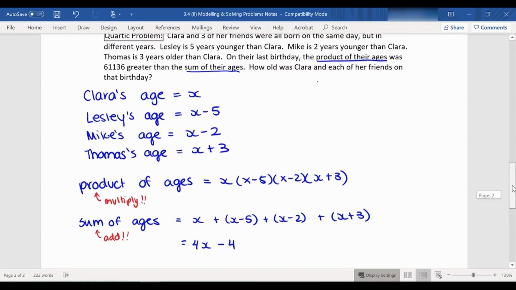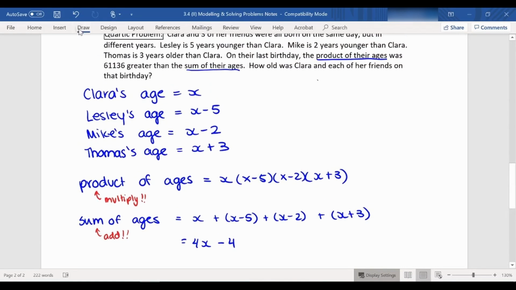Now in the question it says the product of their ages was 61,136 greater than. Okay. So was usually means equals in an equation. Greater than means you're taking this and you're adding this to the sum of their ages.